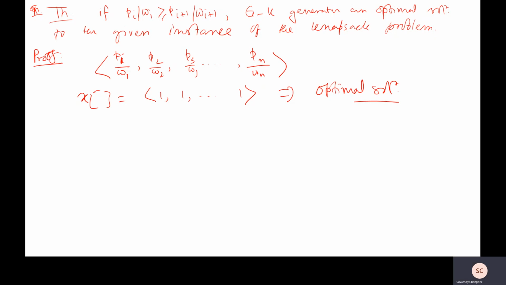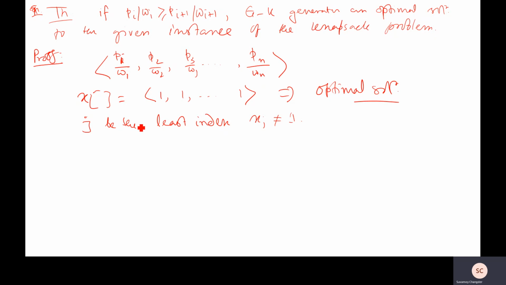If we have selected all the elements, then that is the optimal solution. But if any one of these is not equal to 1, let there be an element among these which is not equal to 1. So let J be the least index where Xj is not equal to 1.